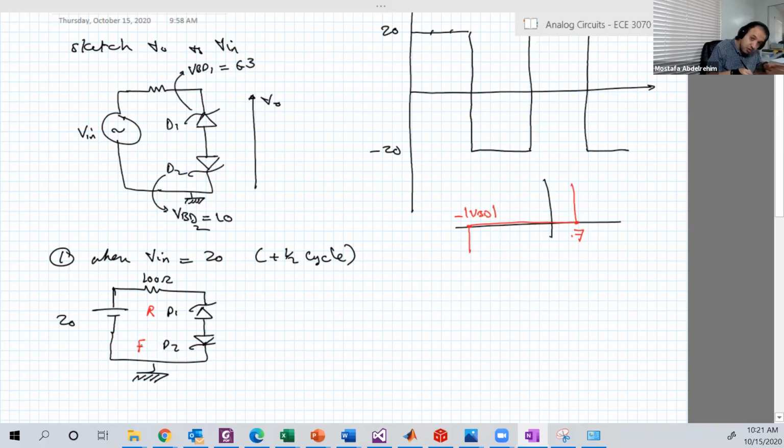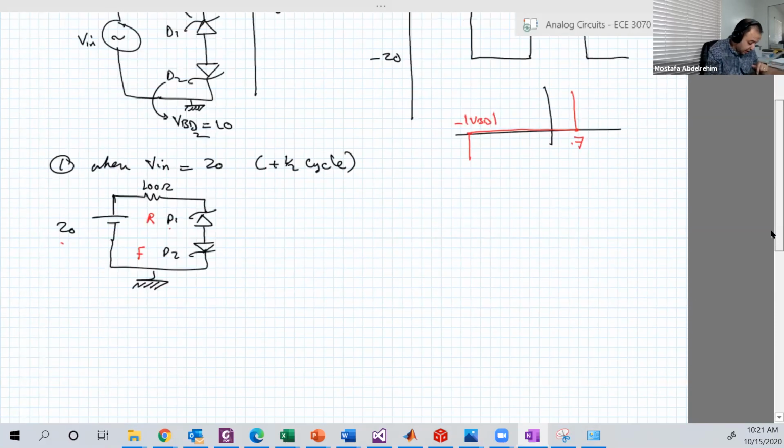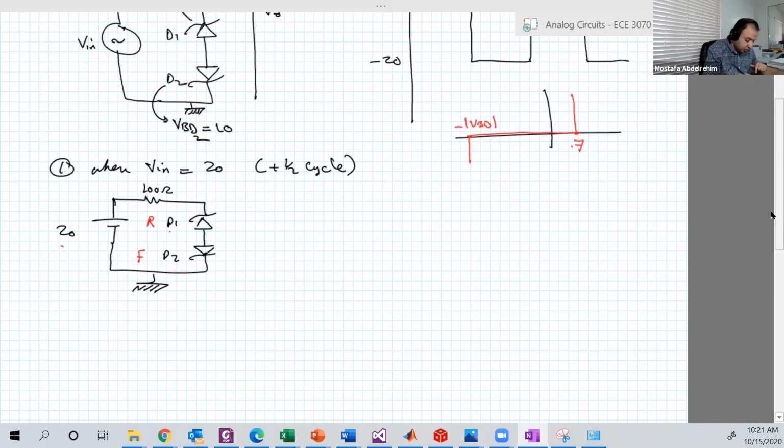Let's see. We have here one source for both, for D1 and D2. One of them is forward, so it needs only 0.7. And this guy is 20. And the other guy in reverse, D1, needs V breakdown 1, which is 6.3. And again, we have 20. So this guy needs 0.7. And this guy needs, in that direction, minus 6.3, or in that direction, 6.3. The total of both is 7. And 7 is much, much less than 20, right?